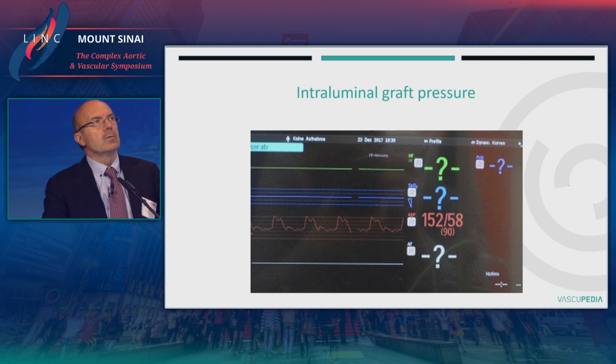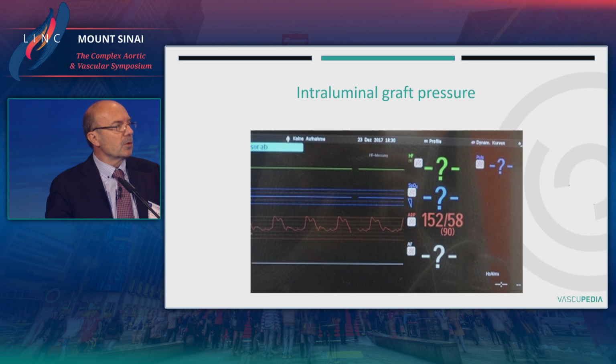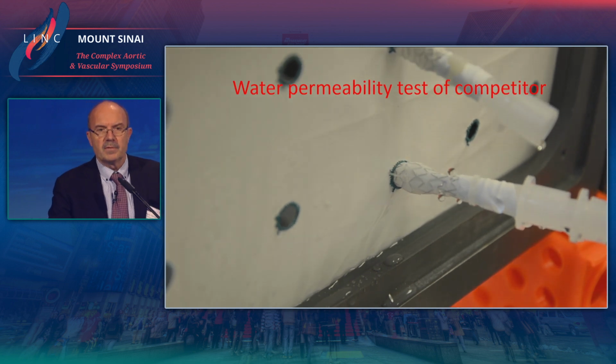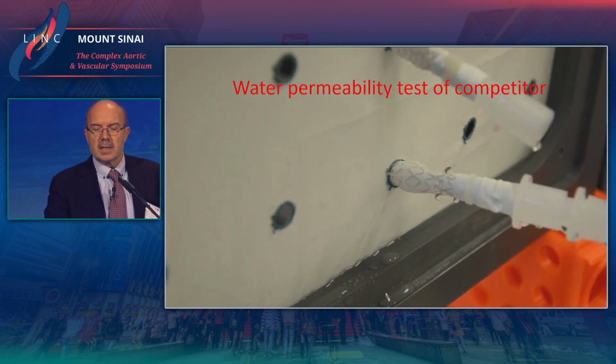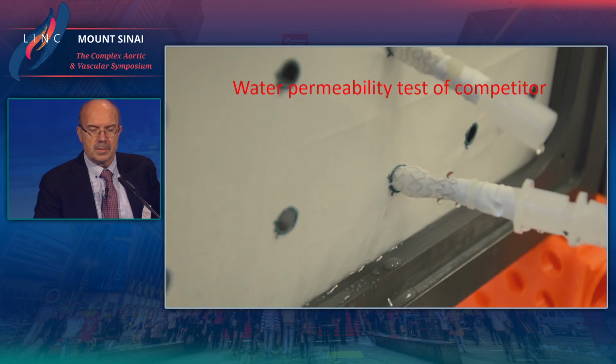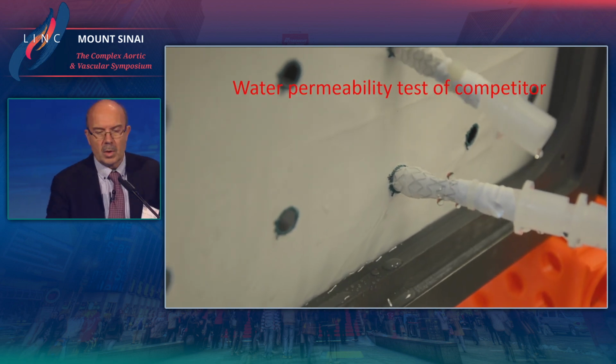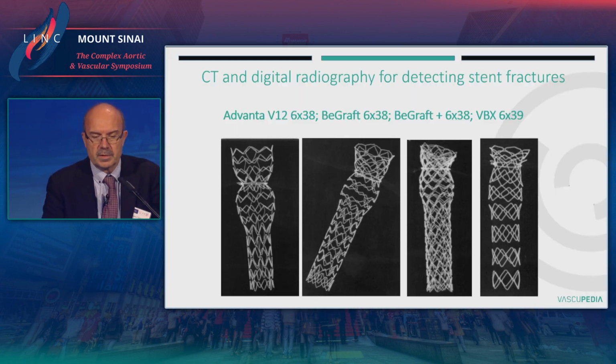Even if we went to 150 to 80 blood pressure, and I have to confess we went up to 300 without any leak. And you can see now the difference with the other stents, with another competitor, and you see the leakage of water coming from the stent.